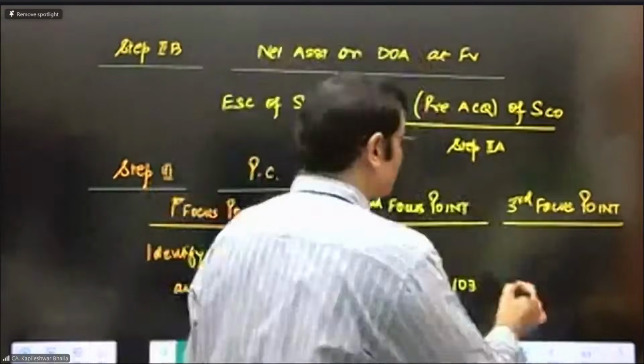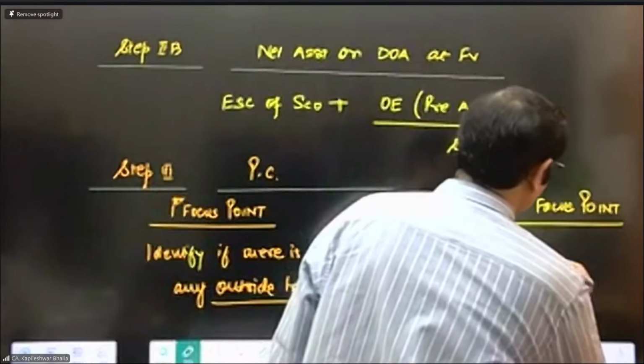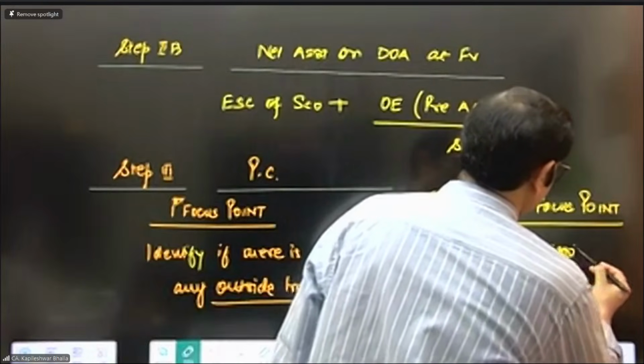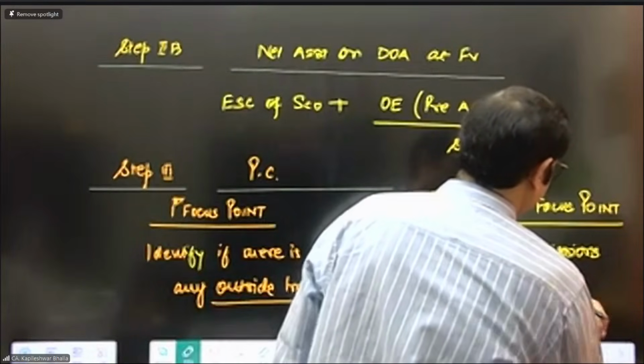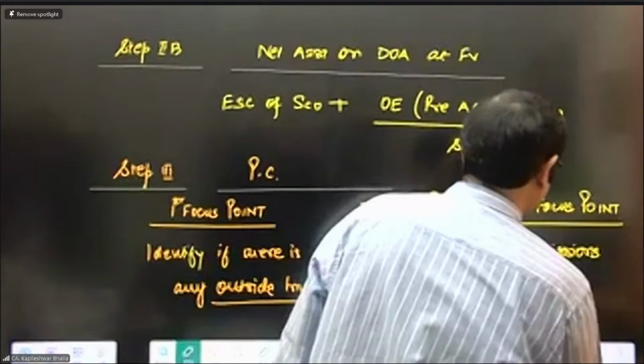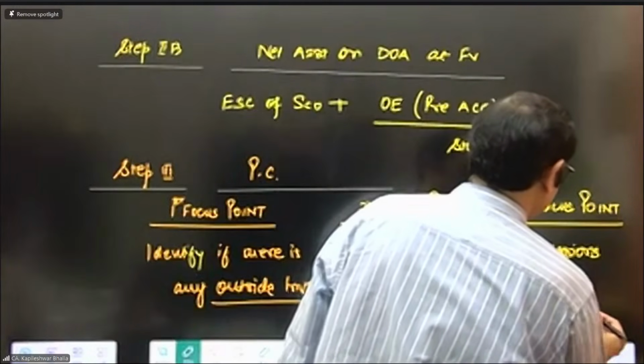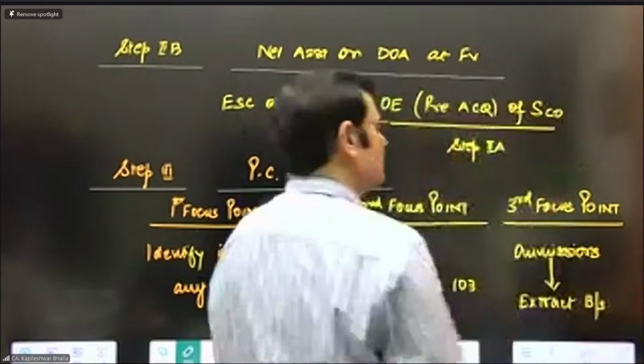So your third focus point is that if there is any kind of omissions, it is appropriate that you make an extract balance sheet before you begin the 7-step model.